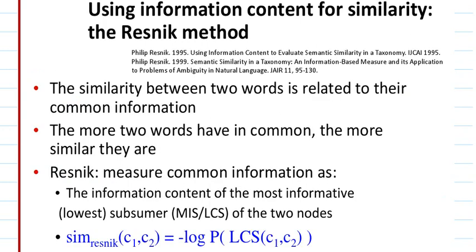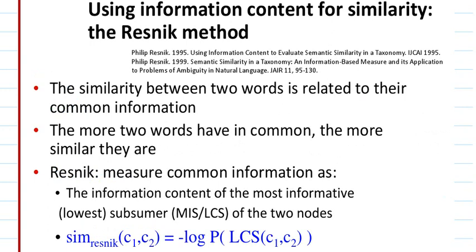So the similarity between two concepts, the Resnik similarity, is defined as minus log p of the lowest common subsumer of C1 and C2, right? So the similarity between two words is the common information between these two words.